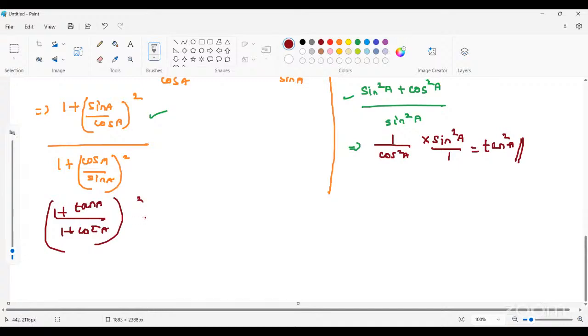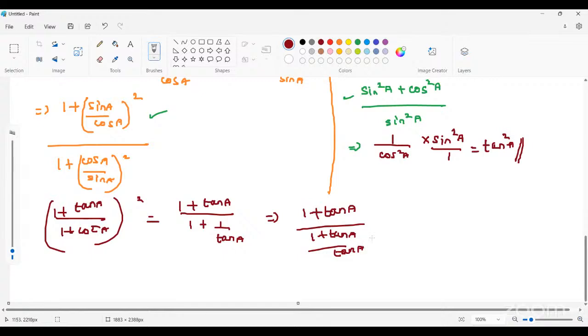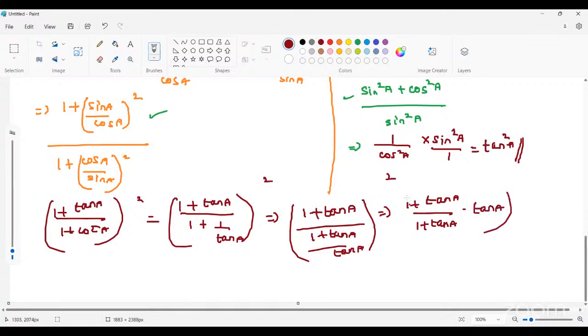So how do we prove this? 1 plus tan A by 1 plus cot A, we can write cot A as 1 by tan A. Now let us take LCM. 1 plus tan A by tan A into 1 is tan A. So we get 1 plus tan A by tan A, of course the whole thing is under the square. 1 plus tan A by 1 plus tan A into tan A, the whole square.